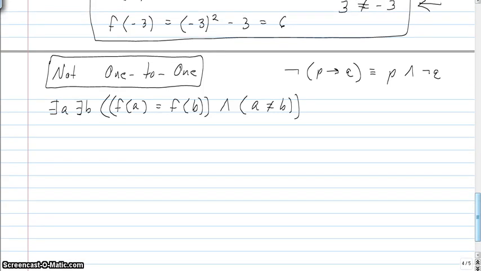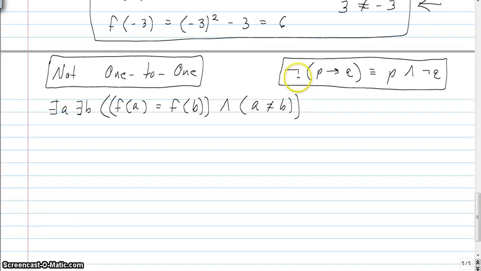back when we started talking about truth tables or logical equivalence, this may have been one of the equivalences we looked at. It's real easy to verify using truth tables that the truth values are the same.